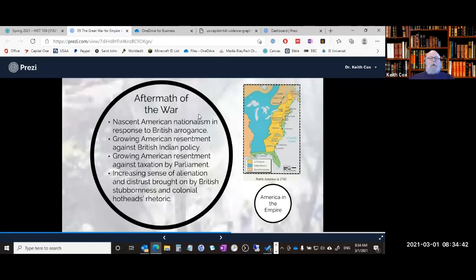So that means then that it's not just the merchants and the lords and the upper class that has this arrogance. It's everybody, right? And that arrogance then will show with these British soldiers who show up and move into your house.